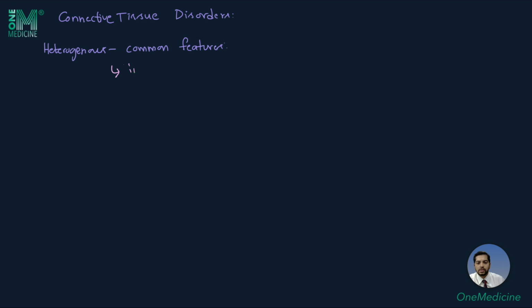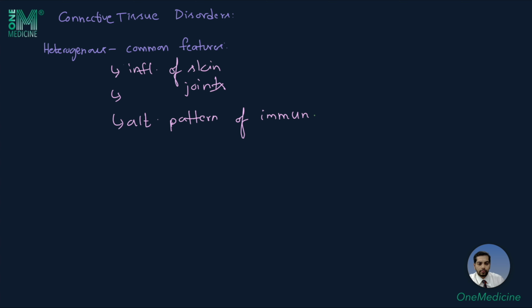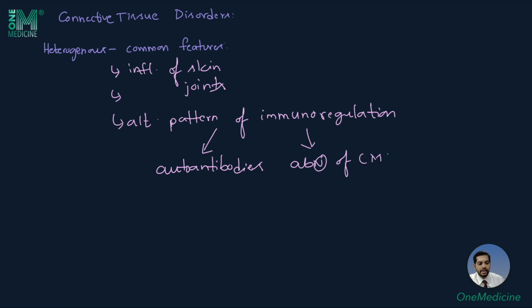These common features include inflammation of skin, inflammation of joints, altered pattern of immunoregulation. This includes production of auto-antibodies and abnormalities of cell-mediated immunity.